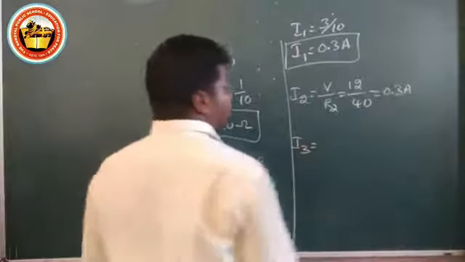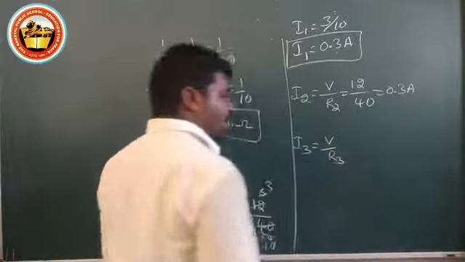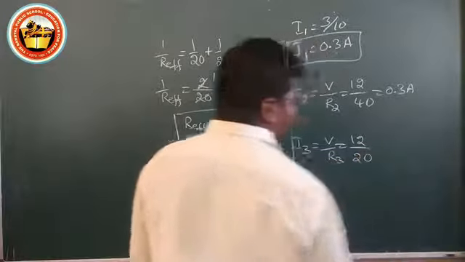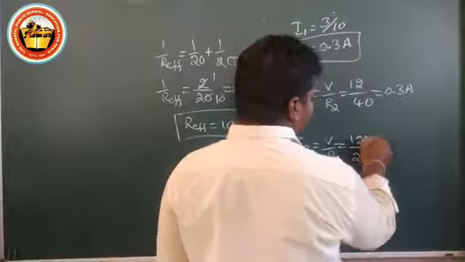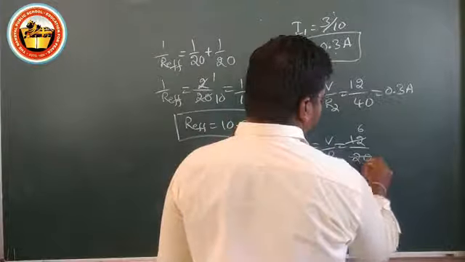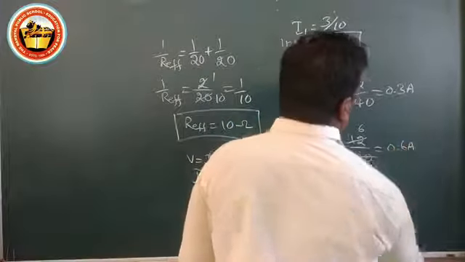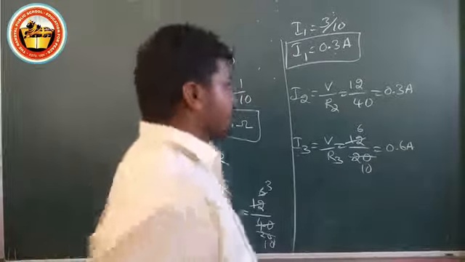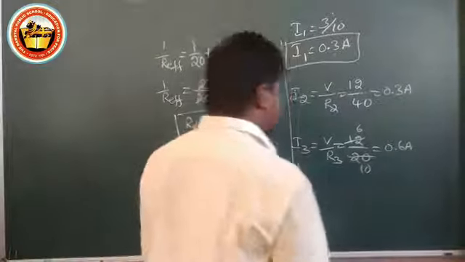I3 is equal to V by R3, 12 divided by 20. We know that 2 6 2 10, so 0.6 amperes.